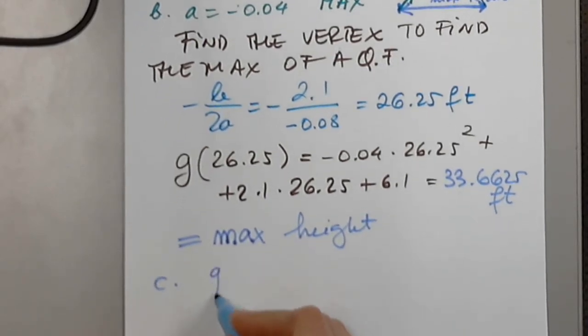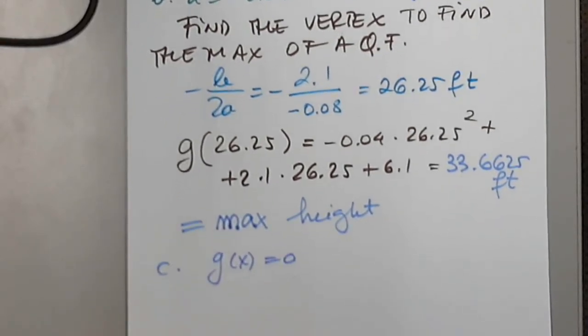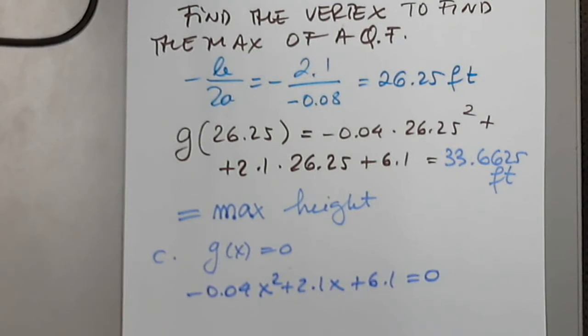Correct. So g of x equals 0. So I have negative 0.04x squared plus 2.1x plus 6.1 equals 0. I throw it up in the air and it hits the ground somewhere. So what is the maximum horizontal distance?